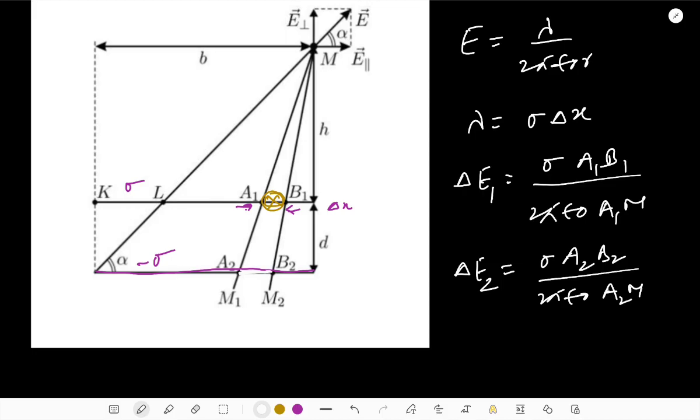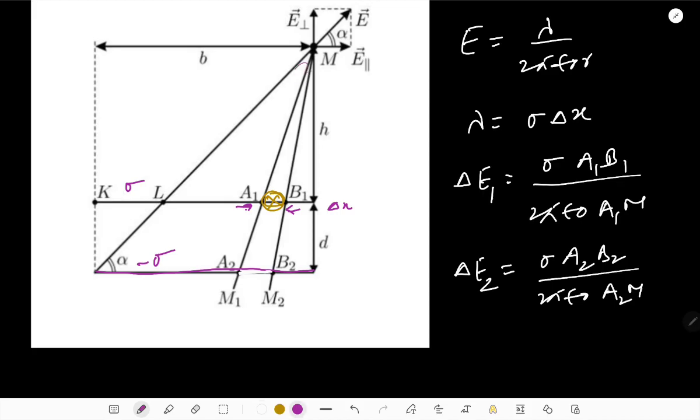One more thing you need to find out, there is some kind of similarity in this triangle.